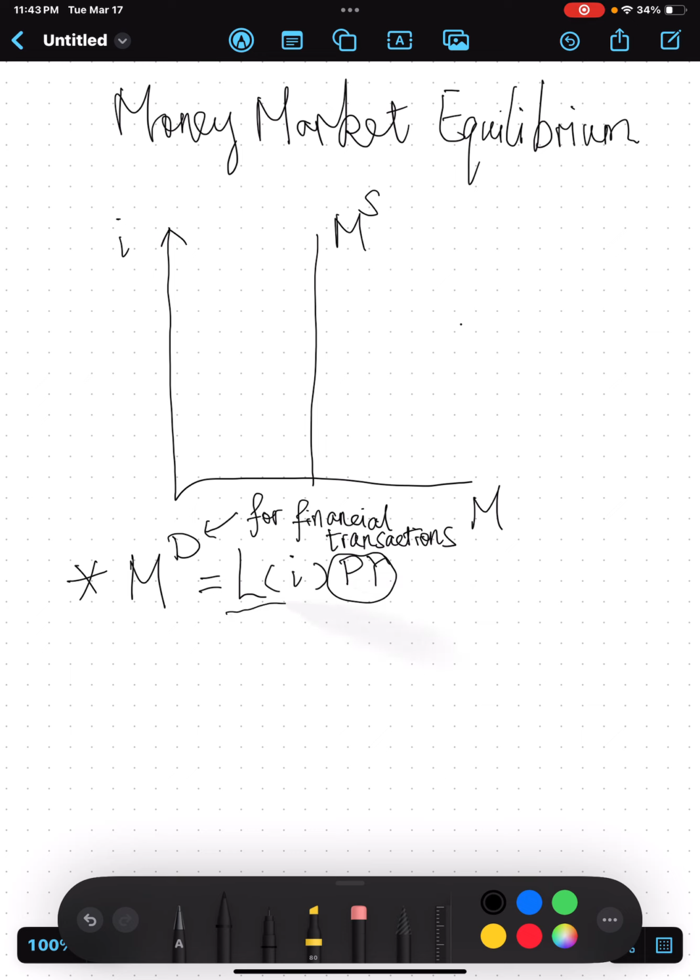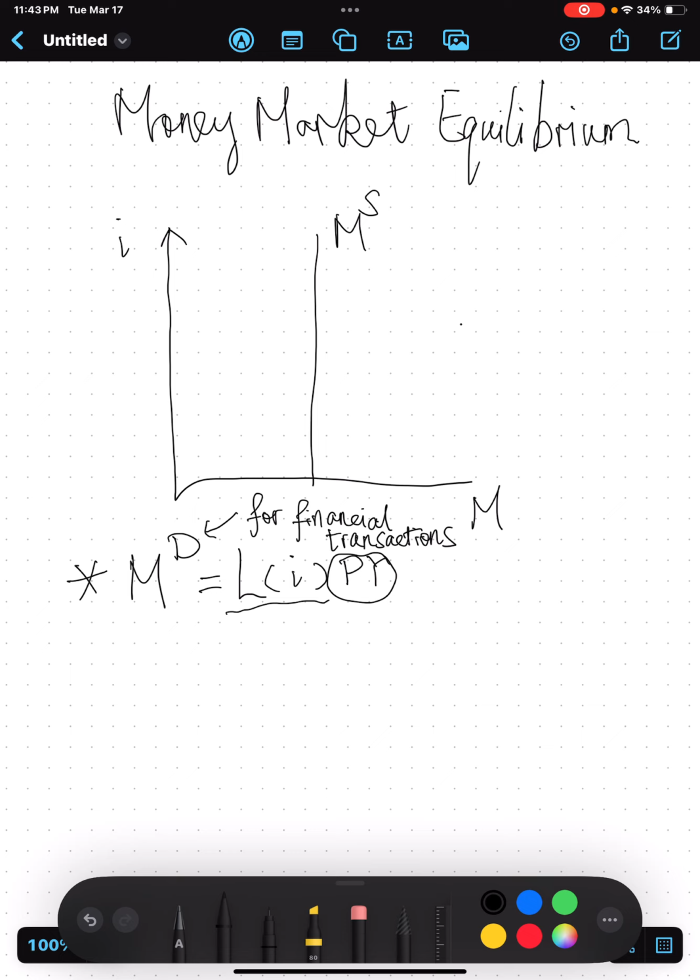And this liquidity preference is affected by the interest rate prevalent at that time, because it has a negative slope against the interest rate. When the interest rate is higher, you prefer less cash on your nominal income.